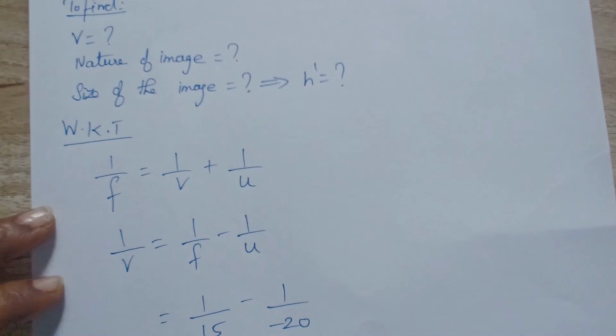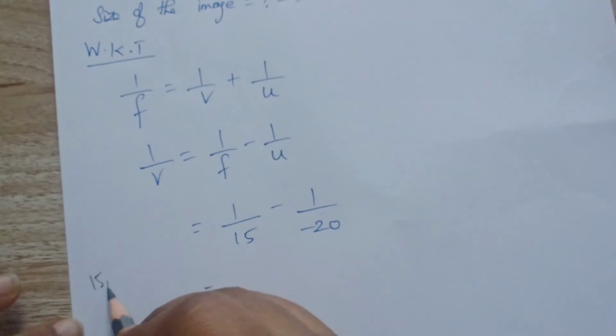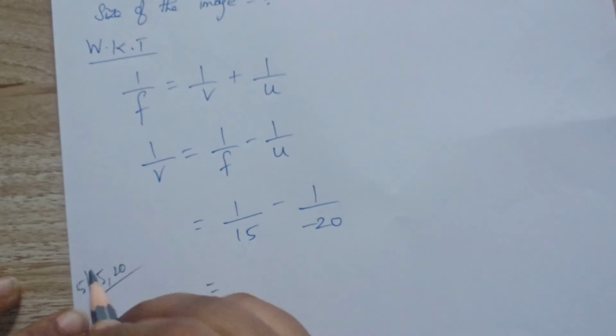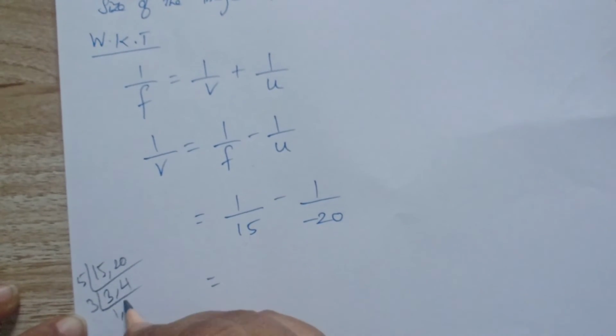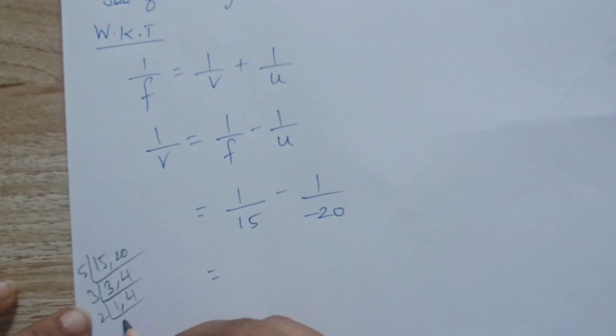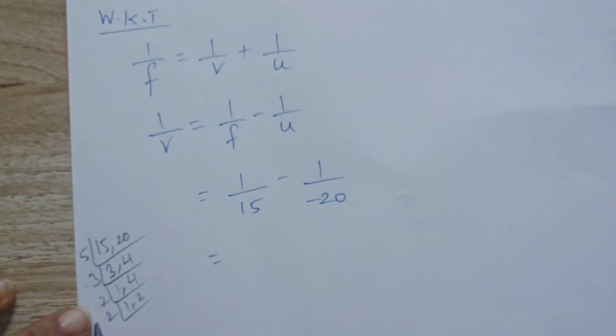So 1 by 15 and 1 by 20. What is the LCM of 15 and 20? 3 5s are 15, 15 2s are 30, 30 2s are 60. 60 is your LCM.